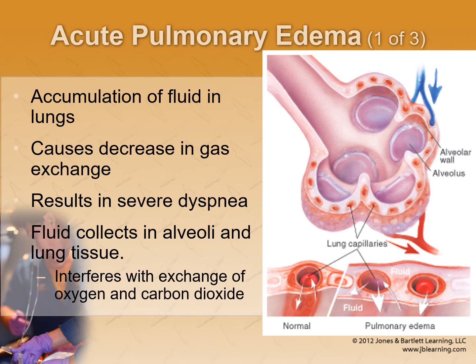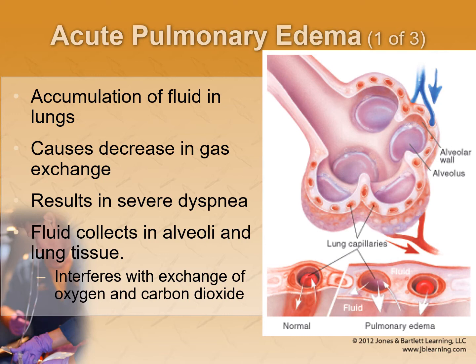So what is acute pulmonary edema? As the name would suggest, it's a sudden accumulation of fluid in the lungs, right? You're getting edema, which is swelling caused by fluid leaking out of the vasculature into the interstitial space happening in the lungs.